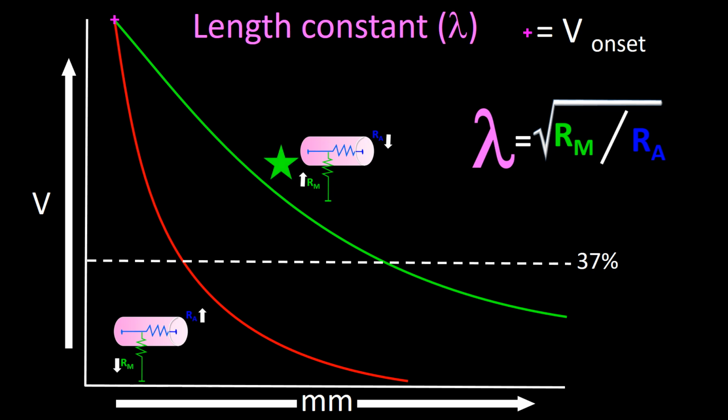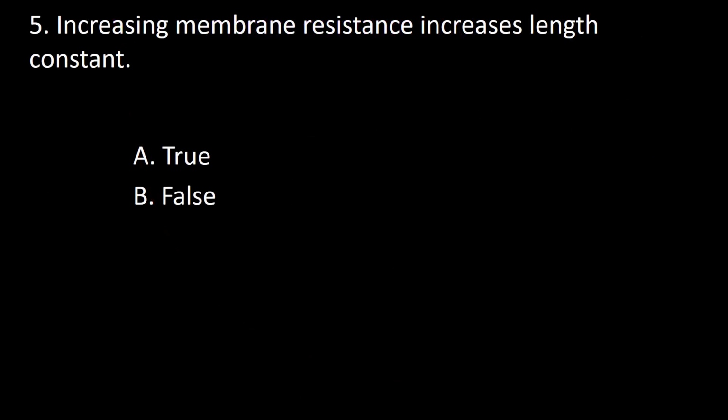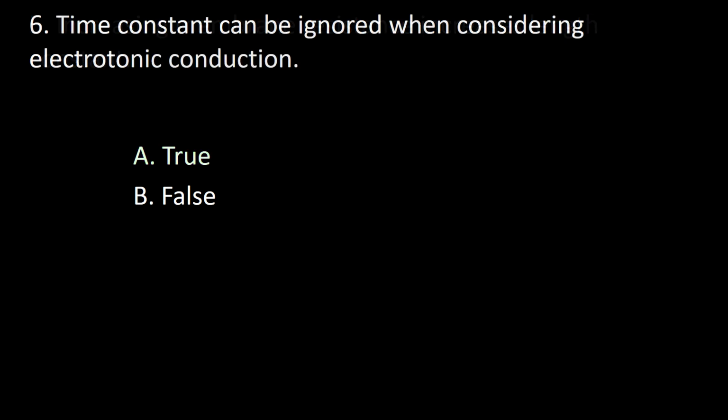As you can see, the axonal segment with increased membrane resistance has an increased length constant. So the answer to this question is true. Next question. Time constant can be ignored when considering electrotonic conduction. A true, B false.